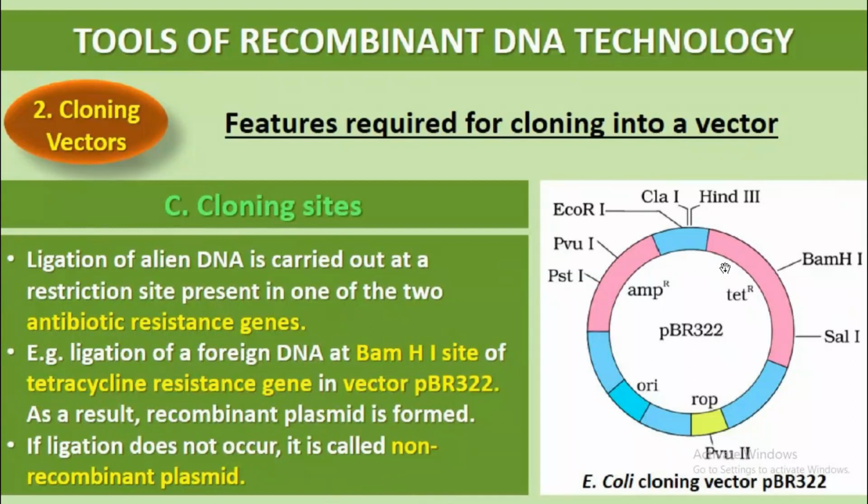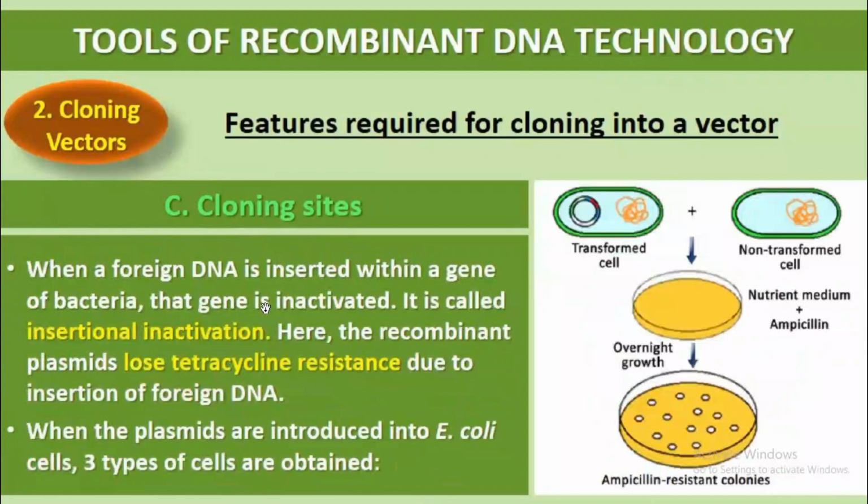That means ligation is going to take place here, at the BamHI site of the tetracycline resistant gene. Once it is added to this site, the plasmid loses the ability to resist the antibiotic tetracycline. That is the meaning of the next sentence. That is known as insertional inactivation.